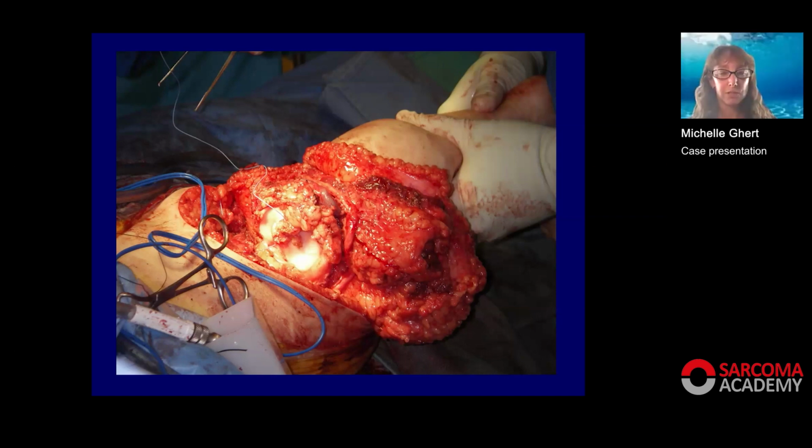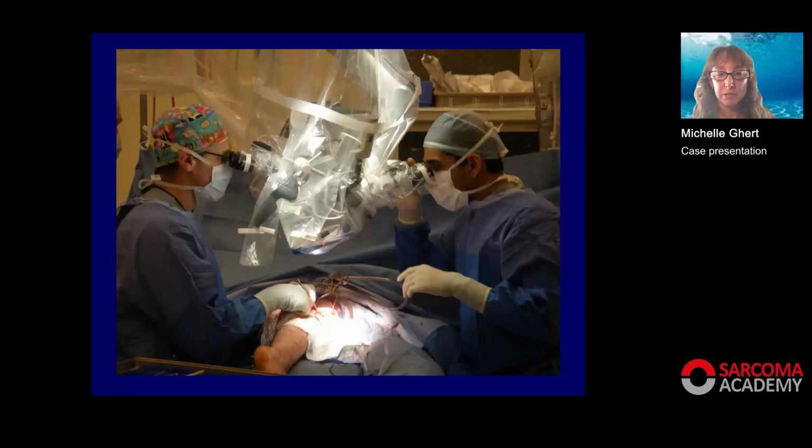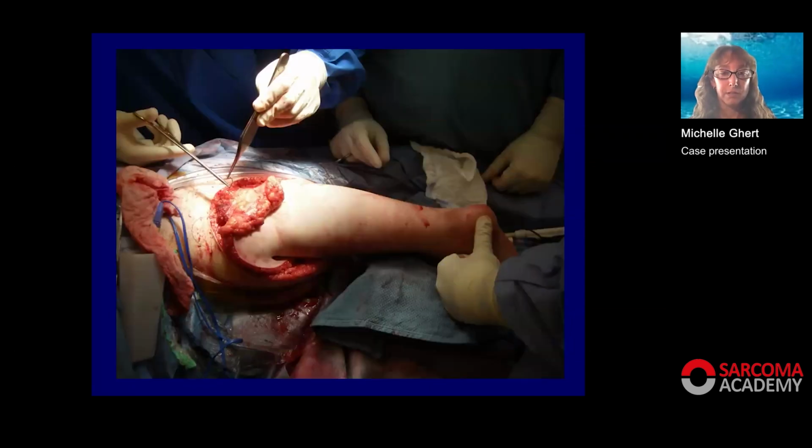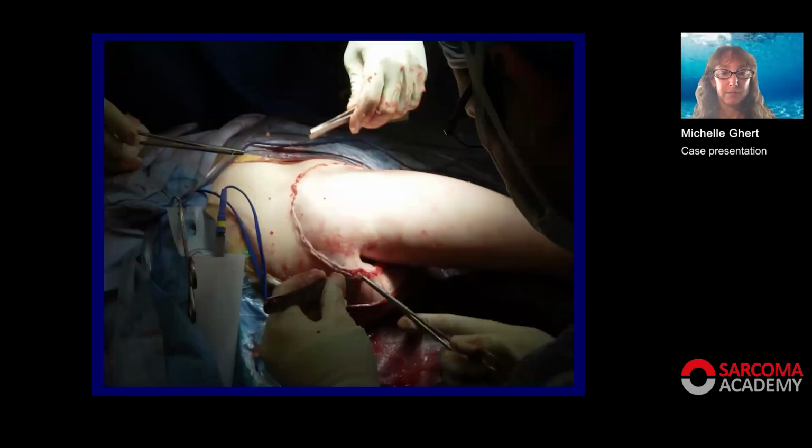So we started with soft tissue reconstruction, attaching the tibial, basically the knee capsule, back to what is remaining of the hip capsule and the surrounding muscles. And that's what we're doing there. And then the plastic surgeons came in and did a vascular anastomosis. And then further repair of the soft tissues, skin, and closure.